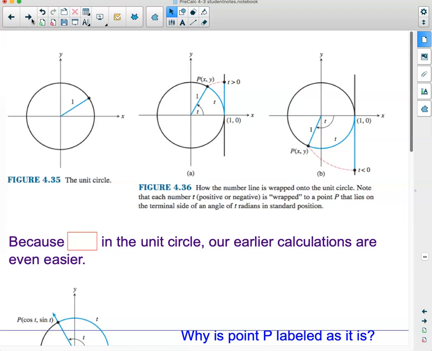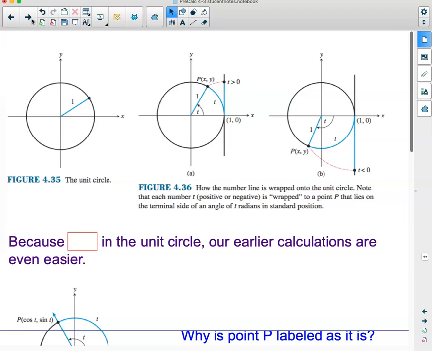So if that's 1 pi, on the unit circle, it should be 3.14 and so on. That's how it should work. And this little drawing is telling us how the number line would be wrapped onto the unit circle. Note that each number, positive or negative, is wrapped to a point P that lies on the terminal side of an angle of t radians in standard position.